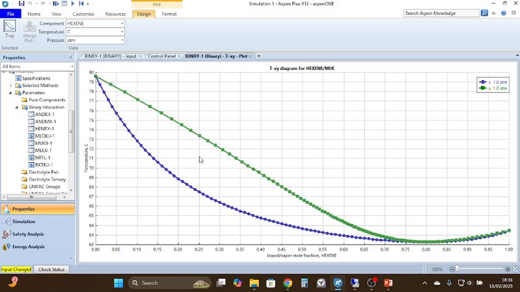Similarly, if we cool down, the temperature is going to drop, and at this temperature we are going to get the saturated liquid, or the boiling point of the mixture at 1 atmospheric pressure. So this is how these graphs are interpreted. Now this becomes our TXY plot.